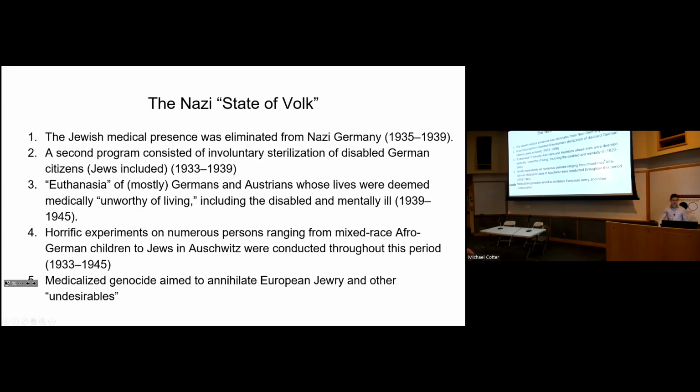They conducted horrific experiments on numerous persons, ranging from mixed race Afro-German children to the Jews in Auschwitz, throughout this period of 1933 to 1945. And they did a medical genocide aimed to annihilate European Jewry and other undesirables. These are some of the many steps they took in order to achieve their goal throughout the Holocaust.